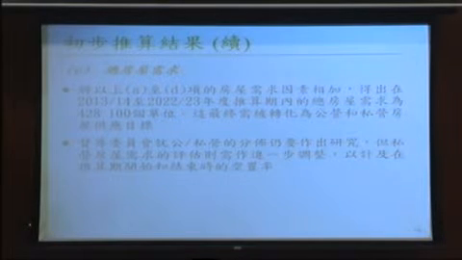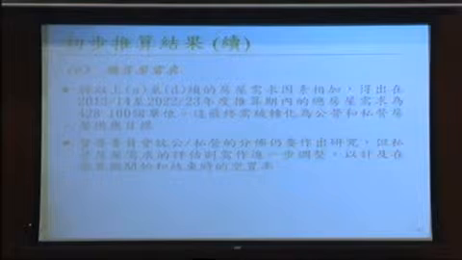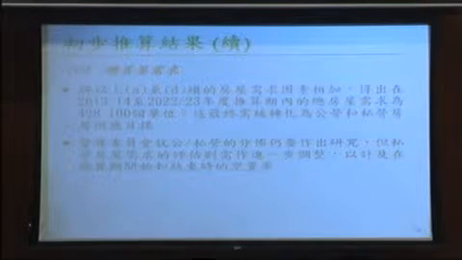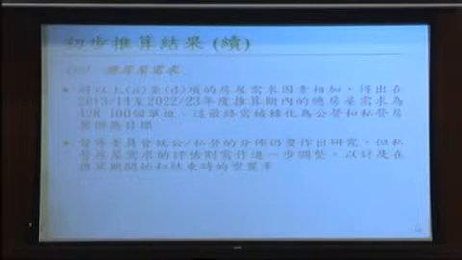Well, I've listed out A to D, and if you sum up the components in A to D, the gross total housing demand would be 428,100 units for the 10-year projection period from 2013 onwards. But we still need to look into the public-private split, and that would need further study by the steering committee.